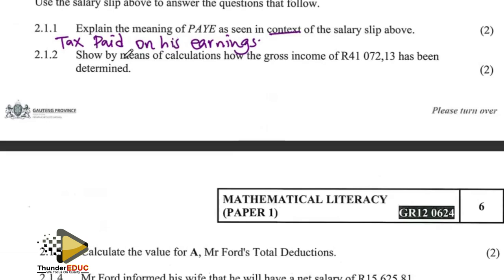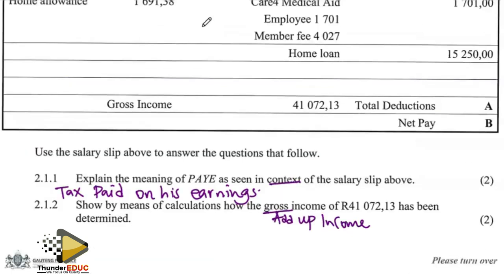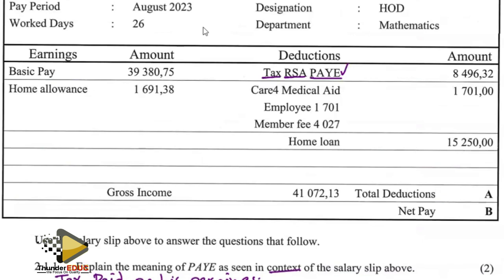Okay. Show by means of calculations how the gross income of 41,072 rand 13 cents has been determined. So gross, all you know about gross, is that we add up all the income. That's what's meant by gross. So we shall come to this other side here, and we add these two values.